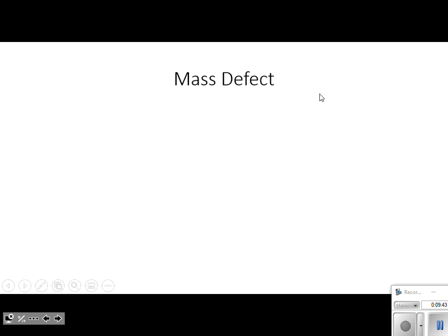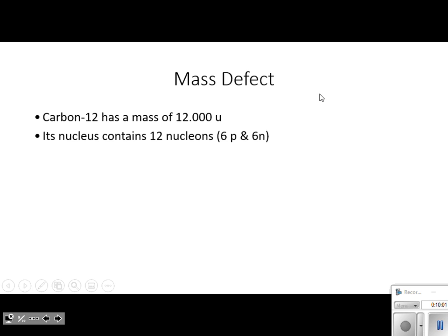Mass defect. Okay, we're going to talk about the mass of a nucleus. Carbon-12 has a mass of 12.000 amu. Now, its nucleus contains 12 nucleons, 6 protons and 6 neutrons. Each nucleon has a mass a little bit over 1 amu.